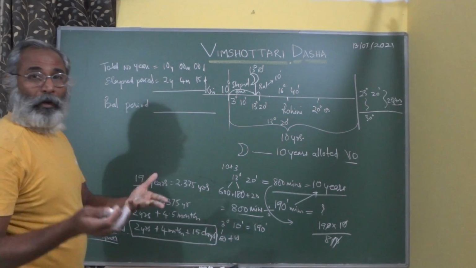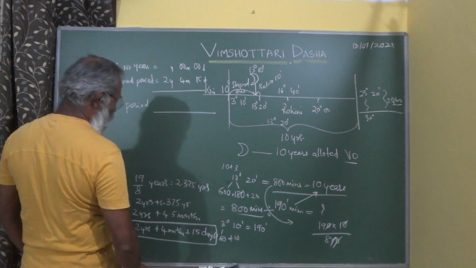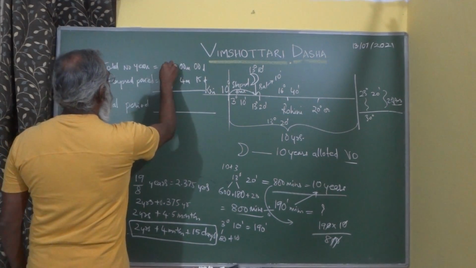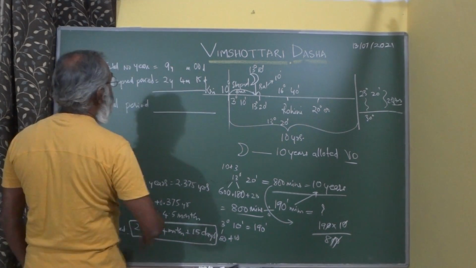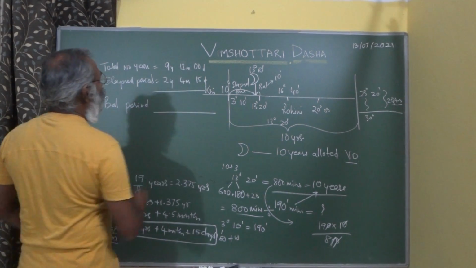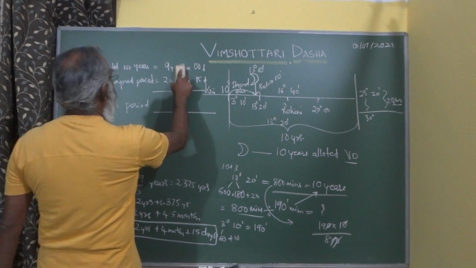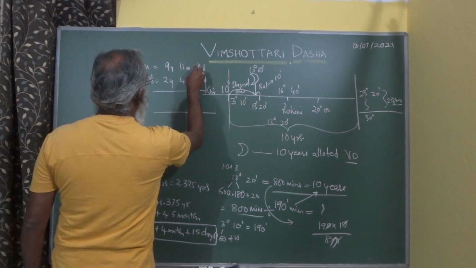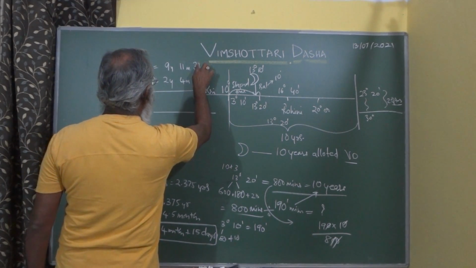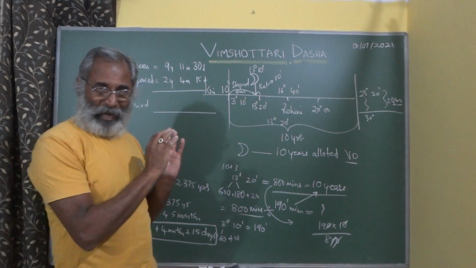So let us make this 10 years as 9 years and 12 months. But if I make it 12 months, again my days are 0. So let me make it 9 years, 11 months and 30 days, because I have again taken the approximation of 30 days per month.